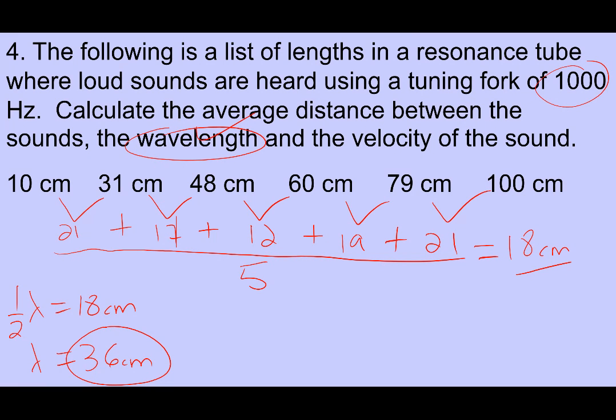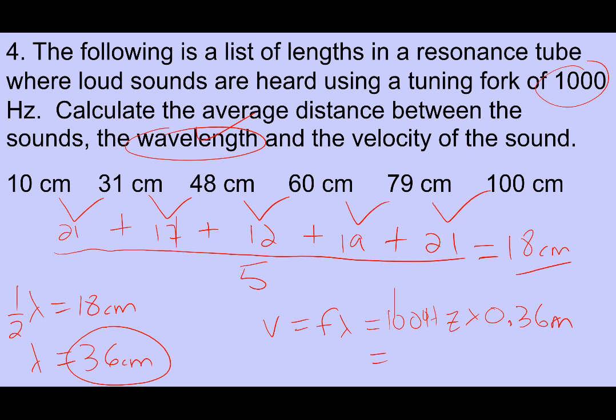We found the wavelength. It also says find the speed of sound. So then we turn to the wave equation, v equals f times lambda. This was a 1000 hertz tuning fork, and we're multiplying it by 36 centimeters, but I'm going to go 0.36 meters, because I would like my speed to be in meters per second.